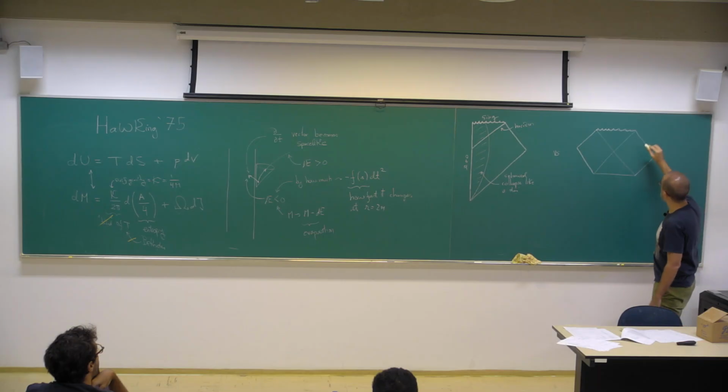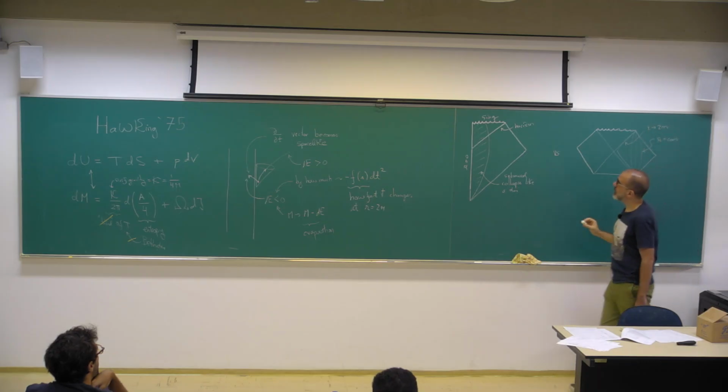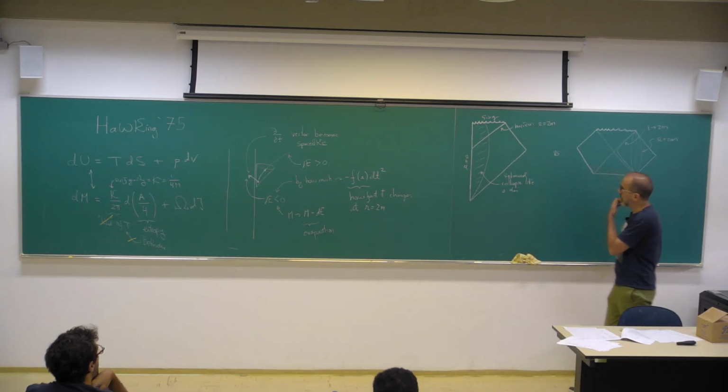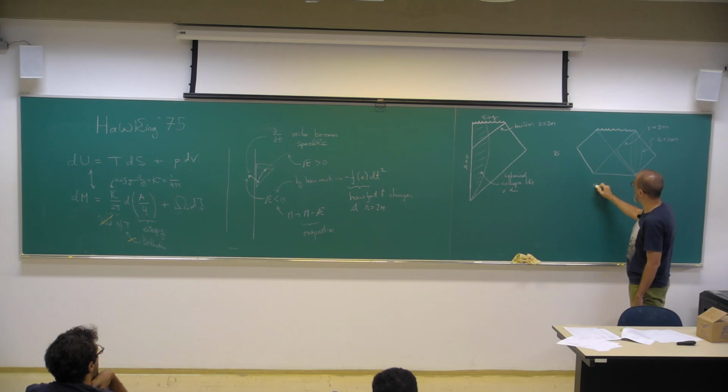And here, constant radius surfaces would be this. And in particular, this one would be r going to 2m, the horizon, which would be here. Okay. And so this is the eternal black hole.